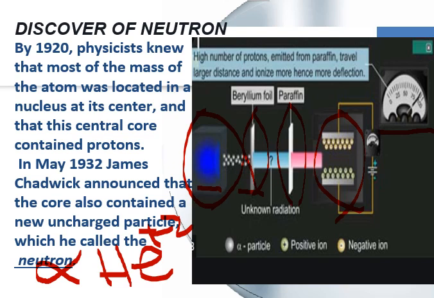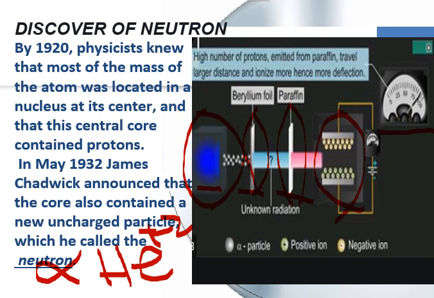So these radiations, when they further pass through the paraffin sheet, are responsible for the ejection of protons from it, as the neutron was found to have no charge on it, so the detector cannot detect it directly. So indirectly a paraffin sheet is placed in their path. This paraffin sheet contains a number of protons in it. When these neutrons hit these paraffin molecules, which are actually alkanes or hydrocarbons, right?